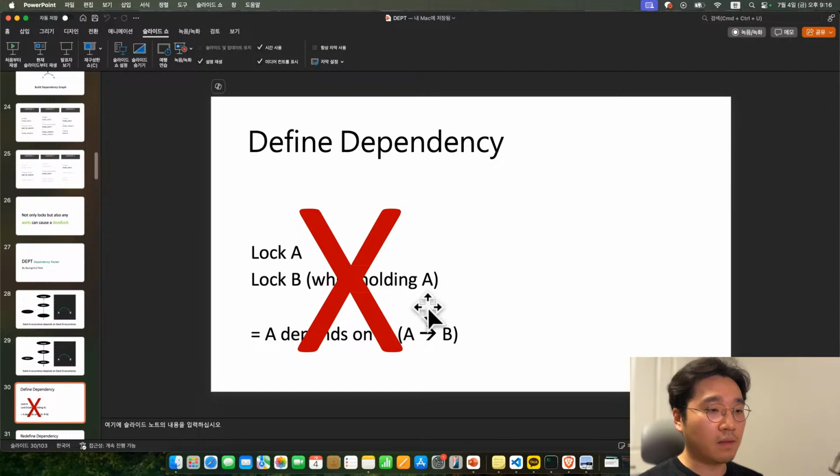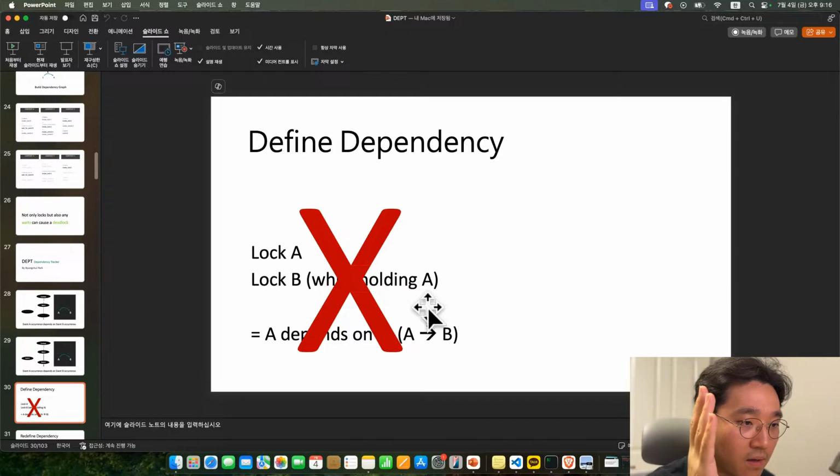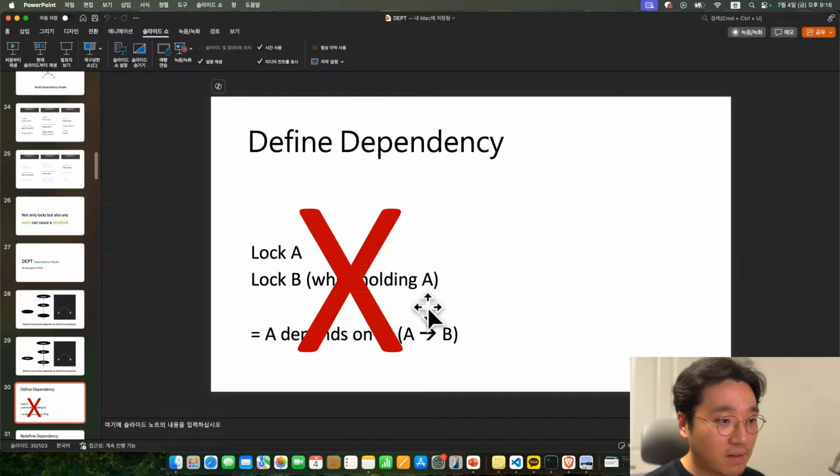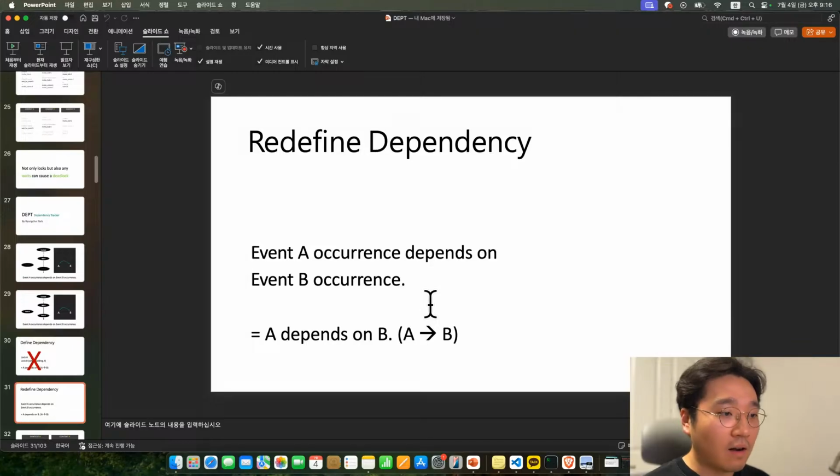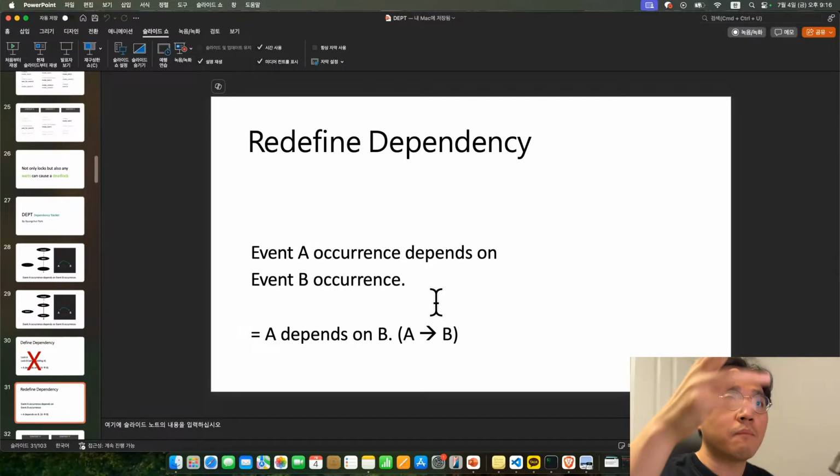Right? We need to catch not only lock, but also wait. So DEPT is defined around wanting to hold some lock.